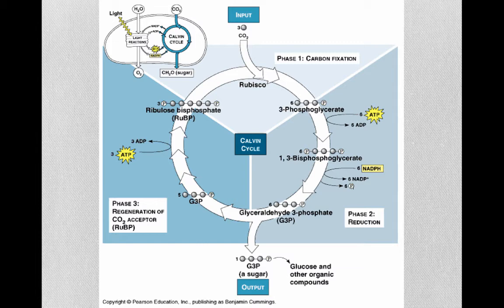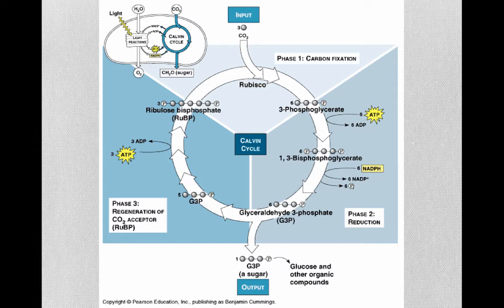Those, again, were produced in the light reactions that we just went over. The second step is considered reduction, and the third step is the regeneration of the initial CO2 acceptor, which is RuBP.